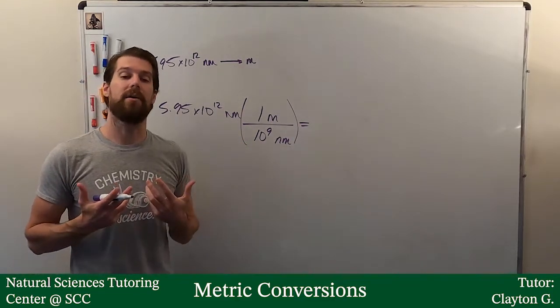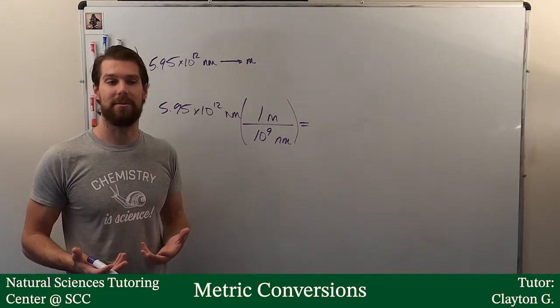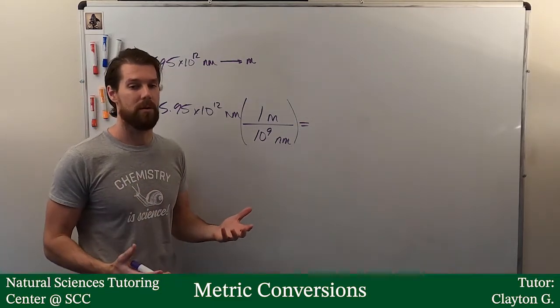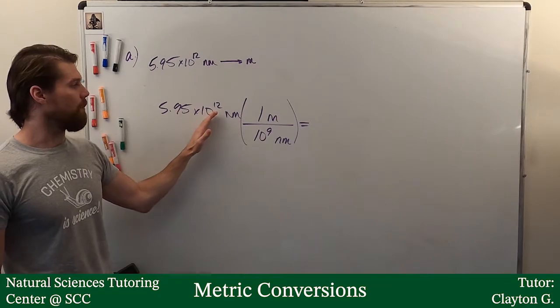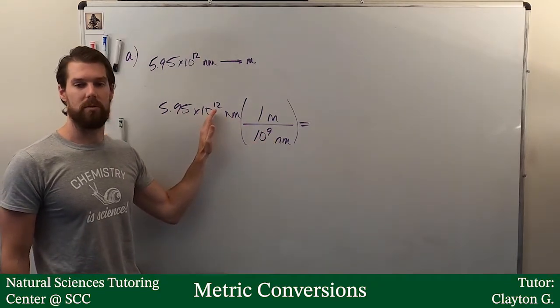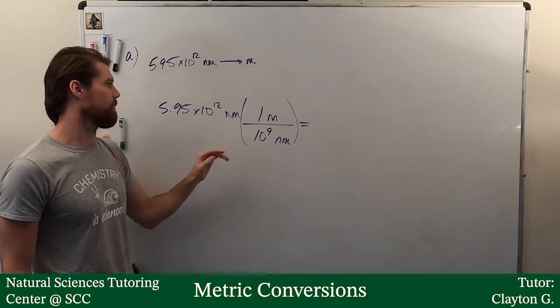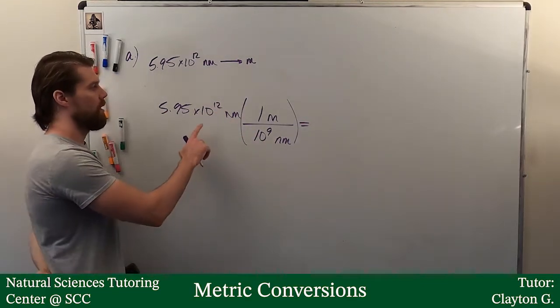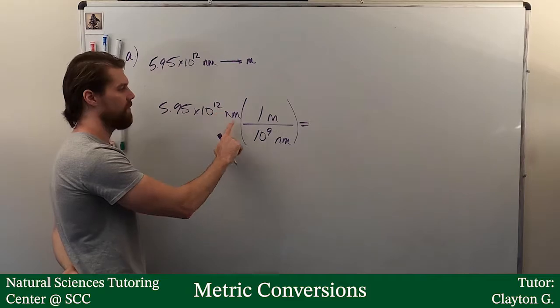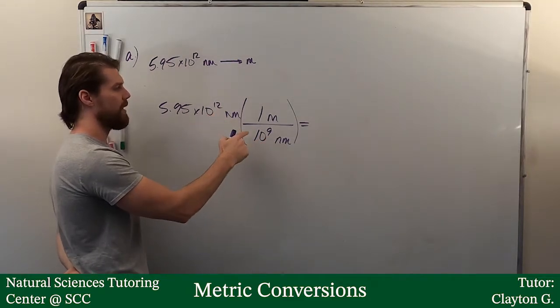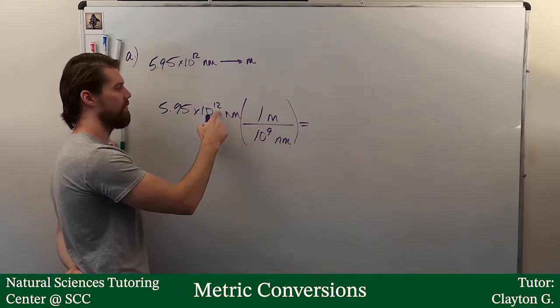Now, we have calculators. We can solve this with a calculator, which we can certainly do. But it also might be important to get comfortable working with these exponents here. So I know if I have 10 to the 12th divided by 10 to the 9th, I'm just going to subtract 9 from 12 here.